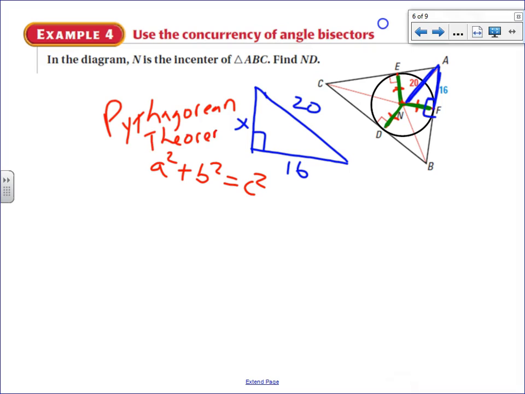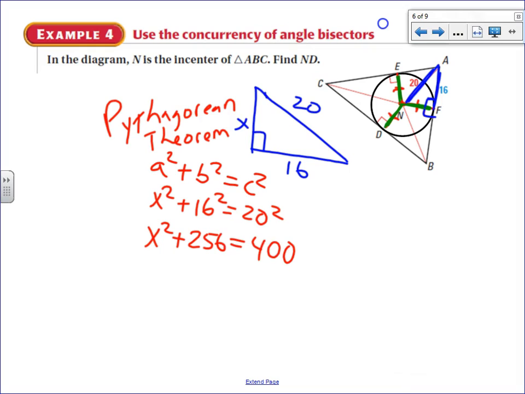And if I just put in the information I have, I can solve the problem. So x squared plus 16 squared equals 20 squared. 16 squared, I believe, is 256. Let me know if I'm wrong. 20 squared is 400. Solve for x. Subtract 256. x squared is 144.